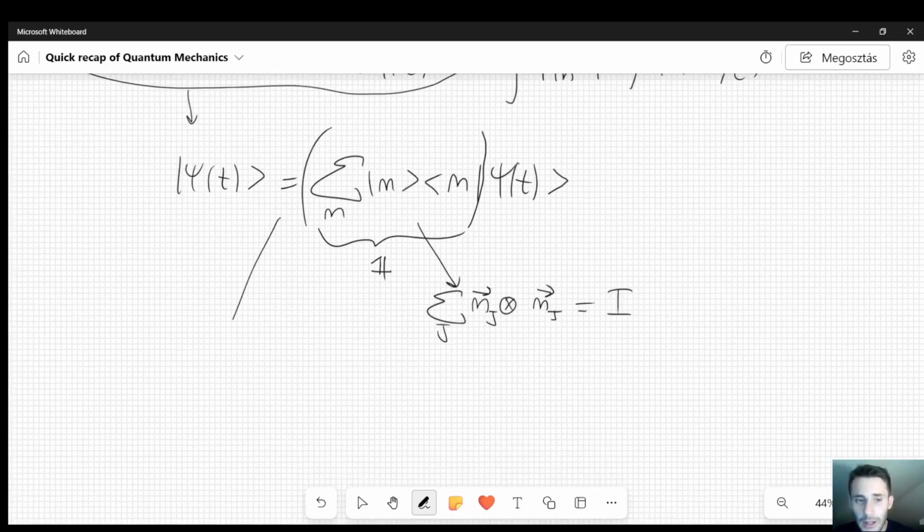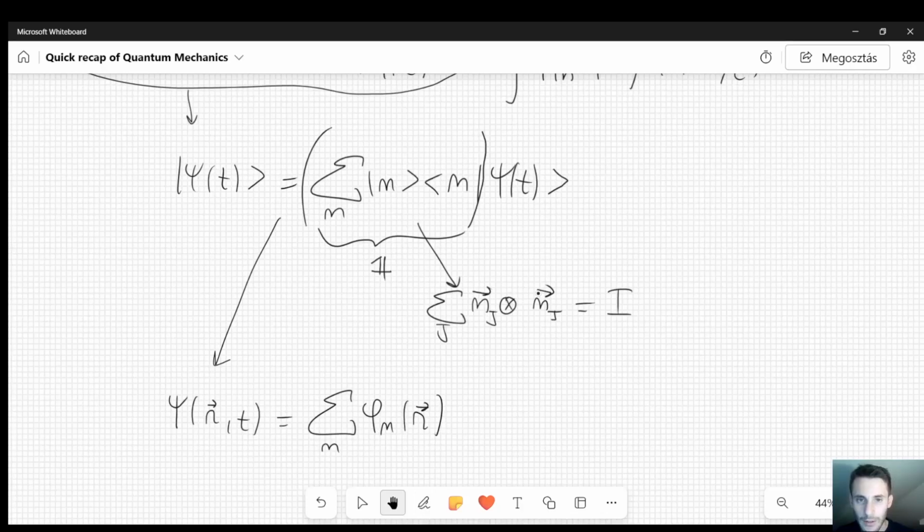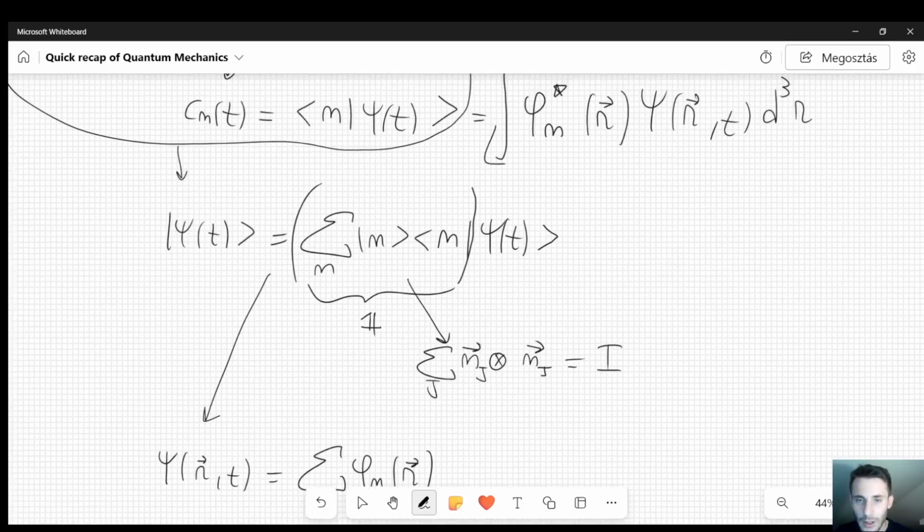And something similar can also be done in the wave function domain, let's call it that. We have psi of r, t, which replaces this ket, and this can be written as summation over n of phi sub n of r, and then we have such an integral.